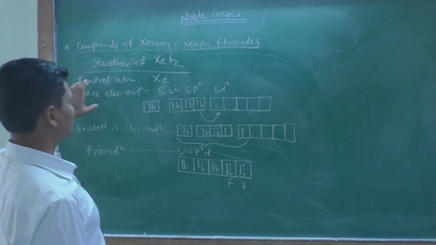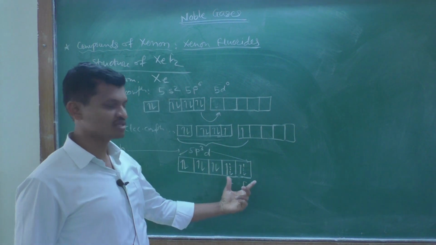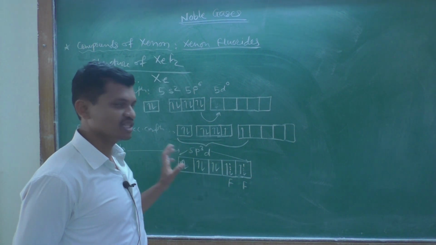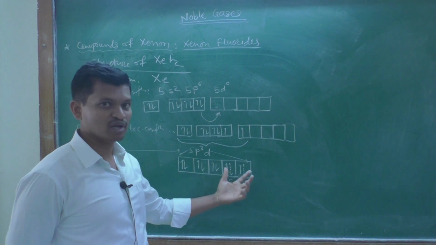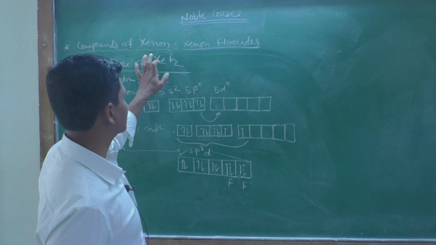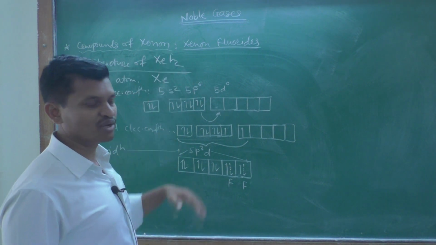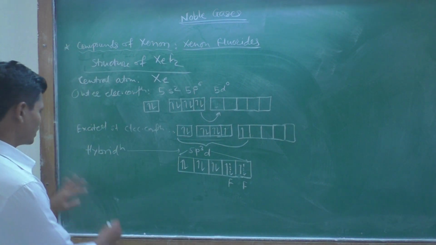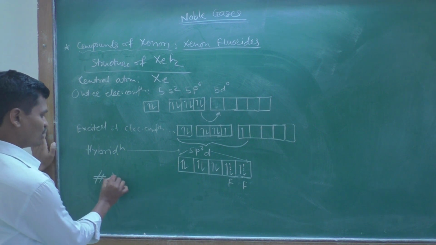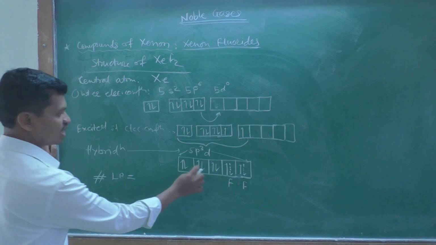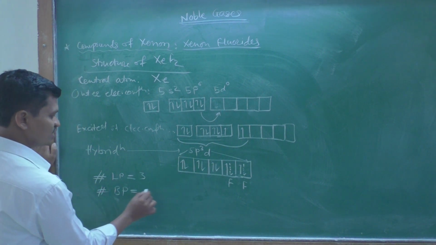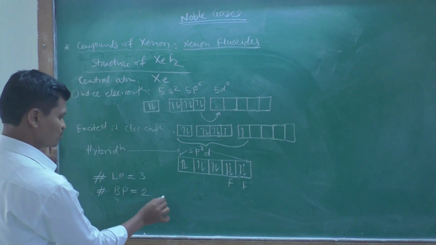So the central atom is xenon and 2 fluorine atoms share their electrons with the unpaired electrons present in the sp3d hybrid orbitals of the central xenon atom, and there is a formation of XeF2, that is xenon difluoride, okay. The number of lone pairs, in this case, is 1, 2, 3. The number of bond pairs, in this case, is 2, okay.